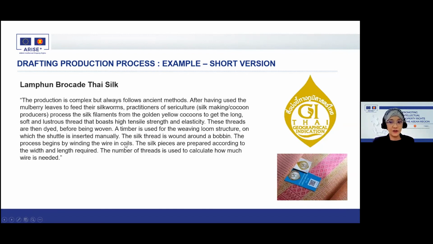Another example of short version production process drafting. Lampun brocaded Thai silk. The production is complex but always follows ancient methods. It has a strong cultural link or a human factor.